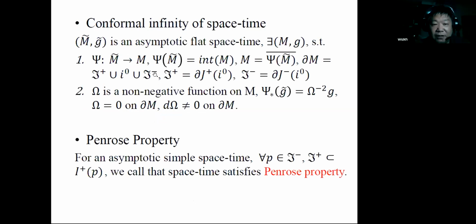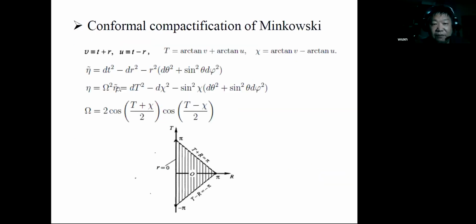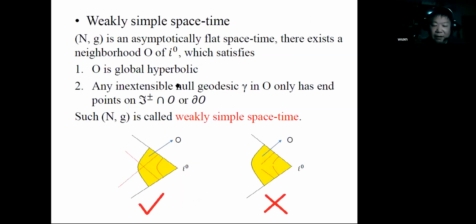The conformal compactification metric of Minkowski spacetime is eta, which is eta tilde times the conformal factor. You can write this metric in the coordinates t, chi, theta, phi, and write down the conformal factor here. The shaded part corresponds to Minkowski spacetime, the dashed line is the future null infinity of Minkowski, and this other dashed part is the past null infinity of Minkowski spacetime.